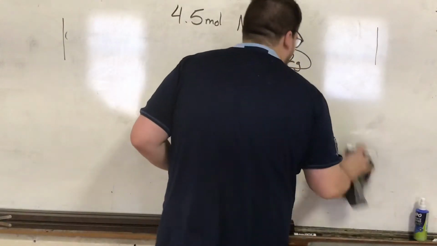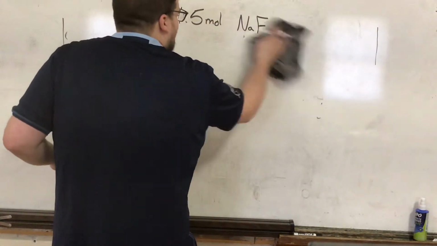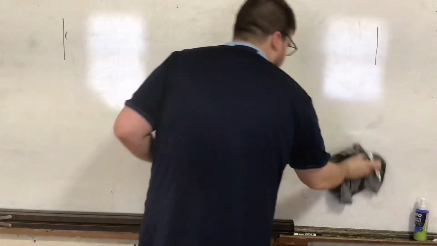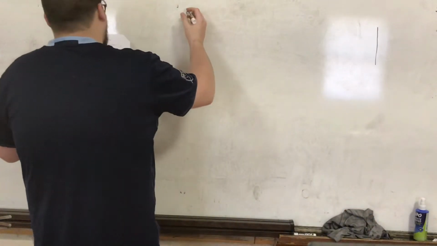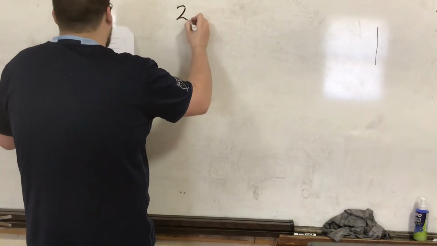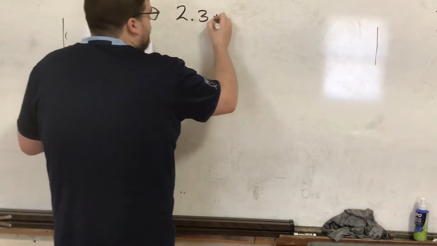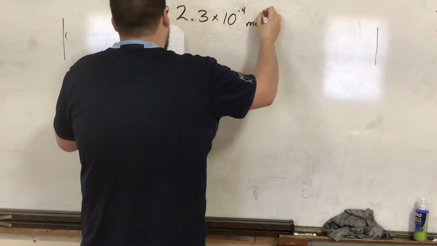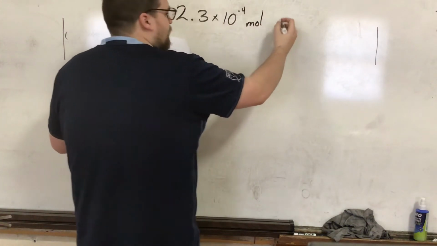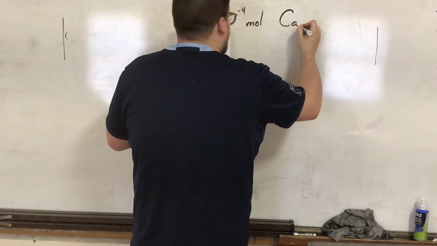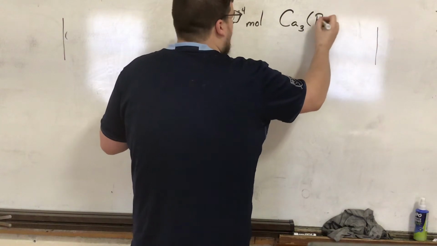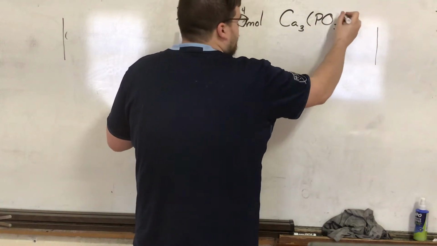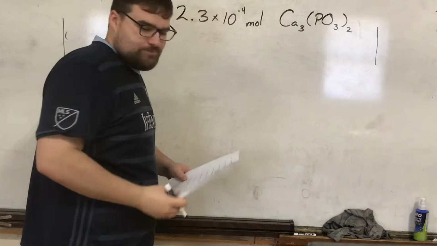Love 21. Okay. So 21 says, how many grams are in 2.3 times 10 to the negative 4th moles of calcium phosphate, which is Ca3(PO4)2.